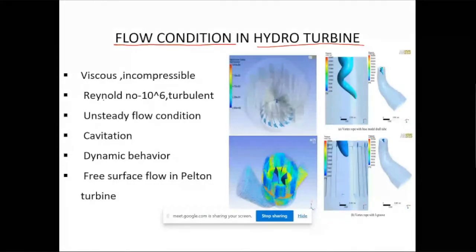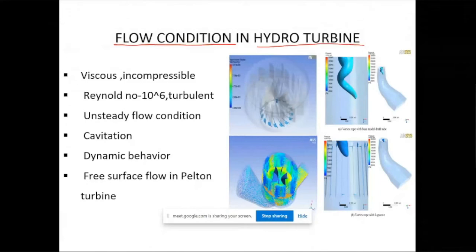Reynolds number is very high, like you already know. Any flow which is associated with water, 99% is categorized as a turbulent flow, because the Reynolds number is always very high there. So in the turbulent flow, the flow will be very unsteady and transient.